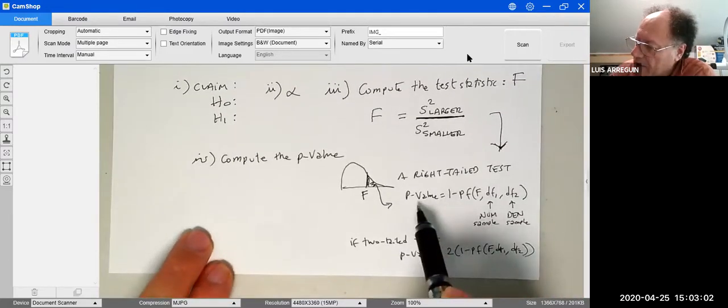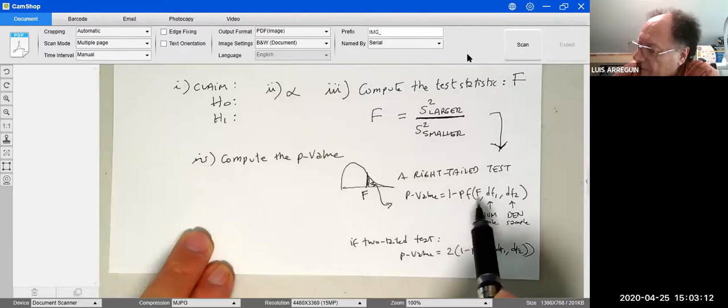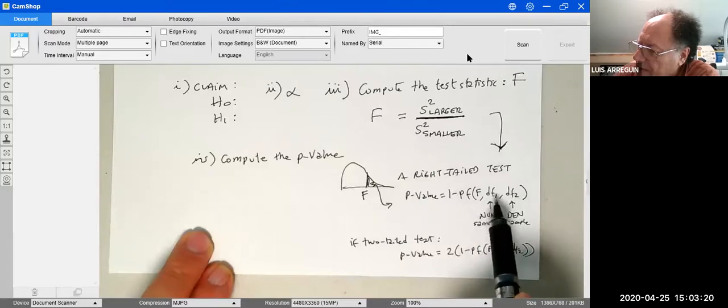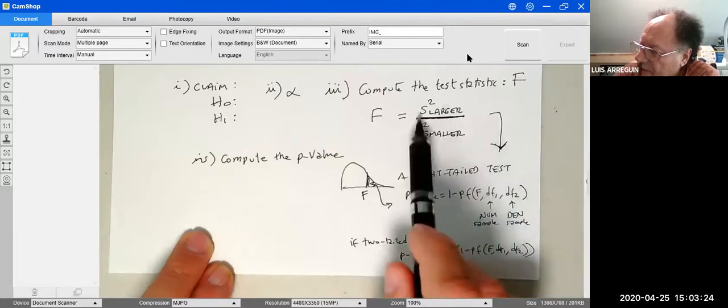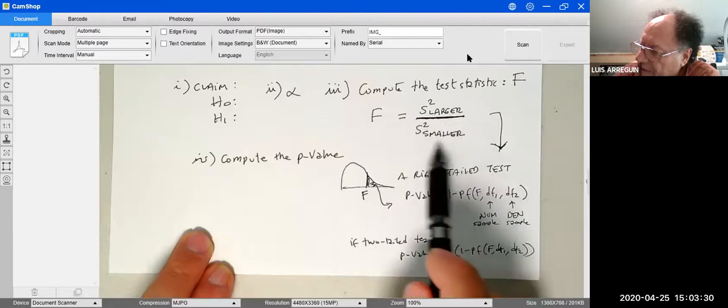In terms of p-values, now we're going to use 1 minus pf. Again, these are lowercase, as always, for every R function. So it's going to be 1 minus pf, parentheses, then we enter the value of F that we found, then comma, then the degrees of freedom from the sample that corresponds to the numerator, and the degrees of freedom from the sample that corresponds to the denominator.